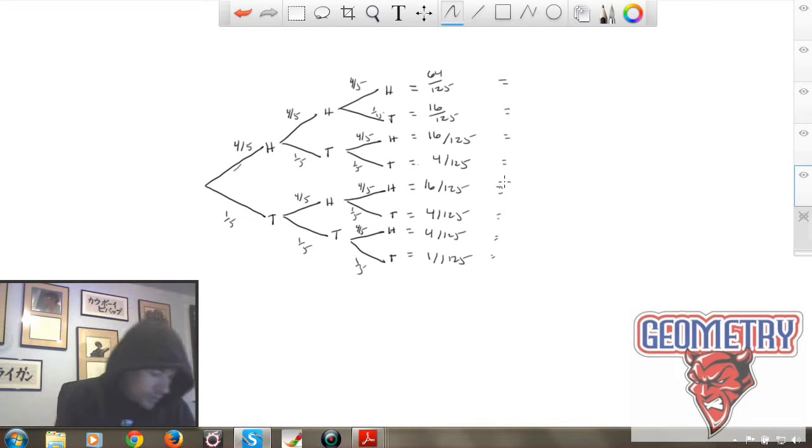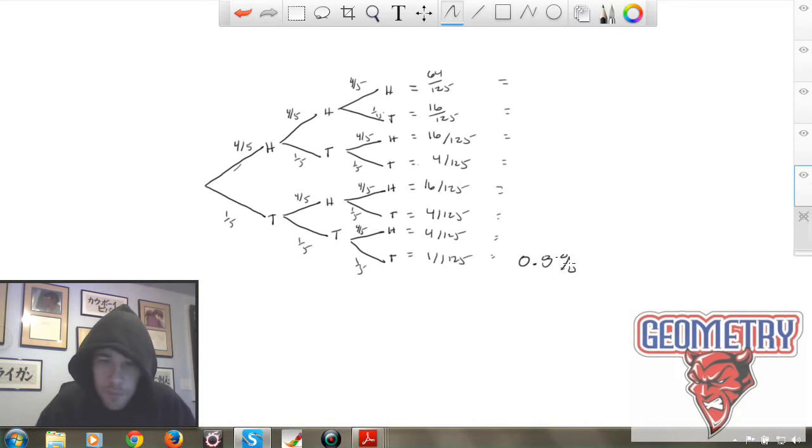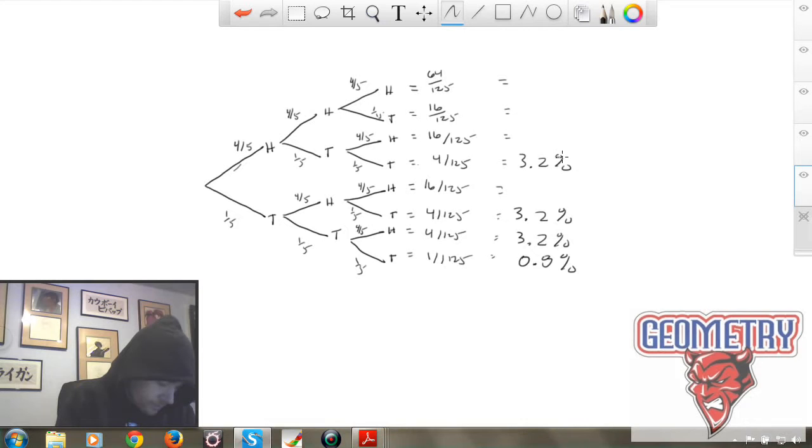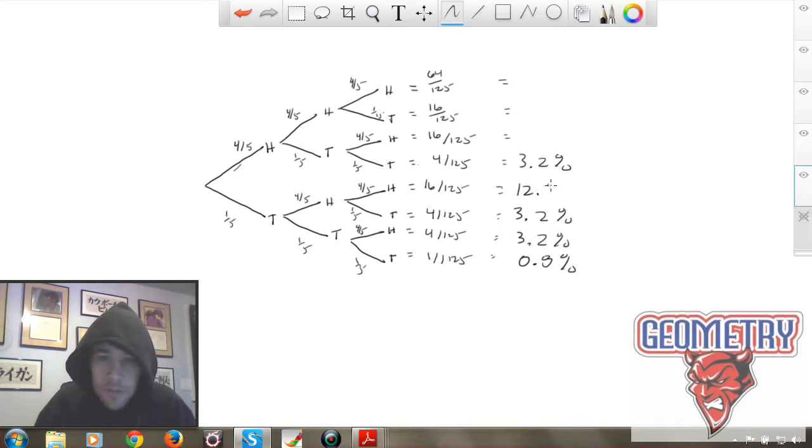Okay, let's change these into percentages. 1/125 is 0.8%, so not very likely of happening. 4/125 is a 3.2% chance. 16/125 is a 12.8% chance of happening.